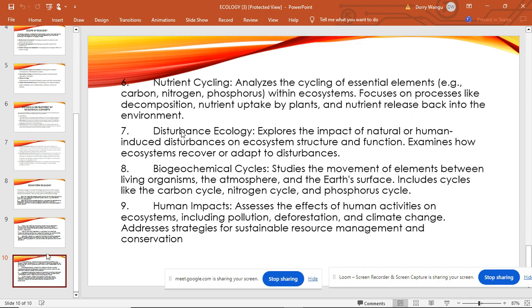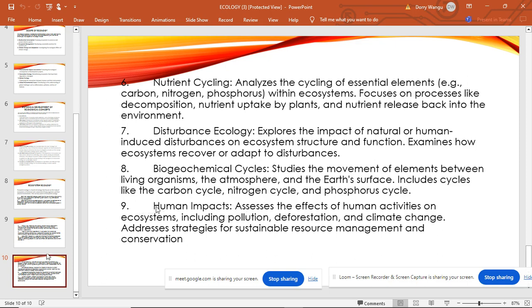Number seven is disturbance ecology: it explores the impact of natural or human-induced disturbances on ecosystem structure and function, and examines how ecosystems recover or adapt to disturbances. You have biogeochemical cycles: it studies the movement of elements between living organisms, the atmosphere and the Earth's surface, and includes cycles like the carbon cycle, nitrogen cycle and phosphorus cycle.